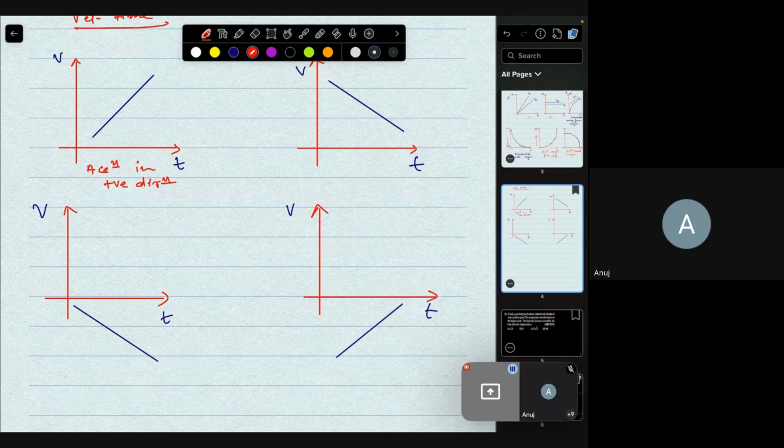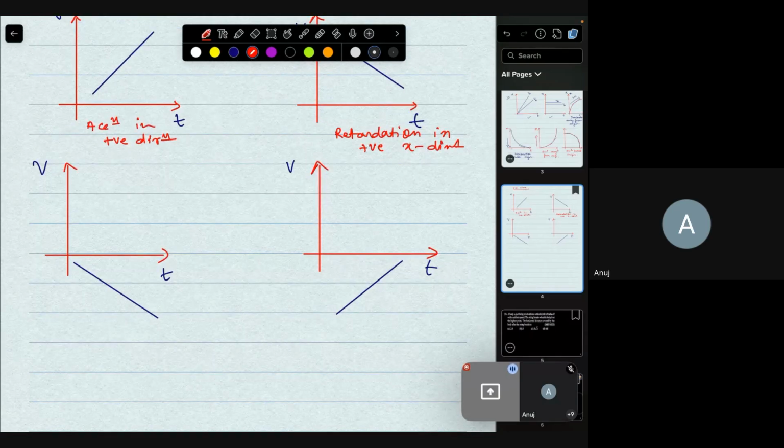Second one, the slope is negative, and with time velocity is decreasing. So you can say retardation in positive x direction. When you are saying positive x, retardation means opposite of positive x, that is negative x.